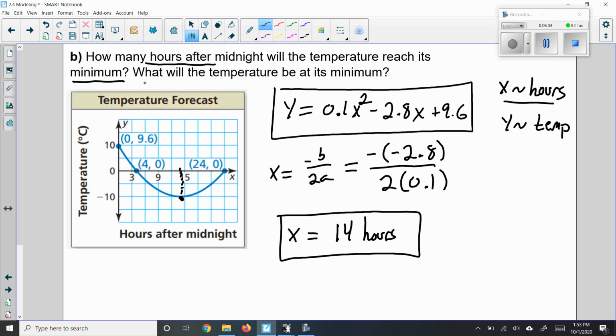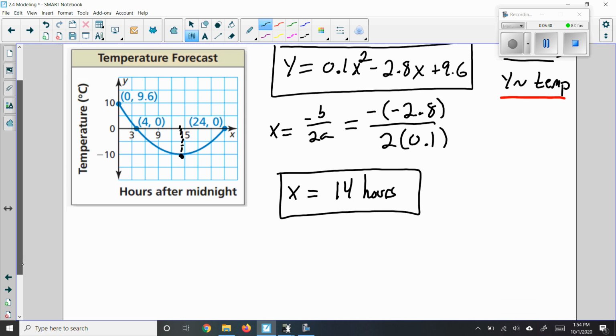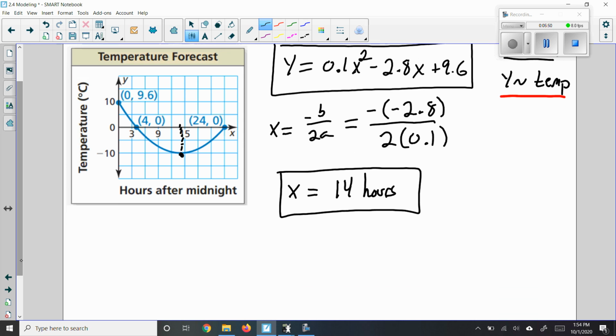The second part is asking me, what will the temperature be at its minimum? That's asking me for the y value. So to find the y value, I'm going to take this x value, 14 hours, and substitute it in for x.